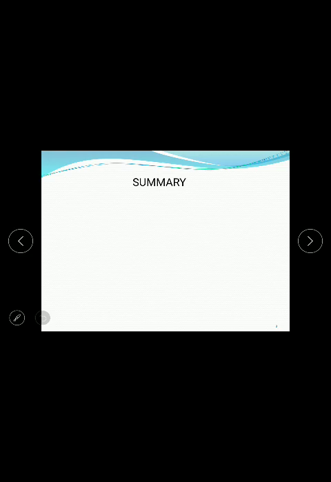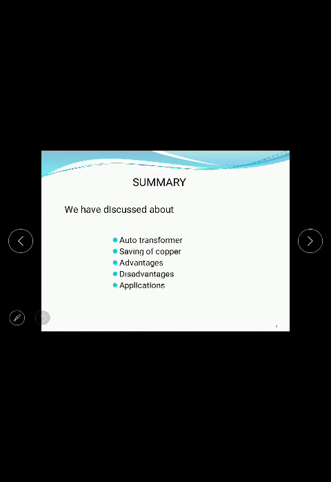So this is about the advantages, disadvantages and applications. Now our summary: we have discussed auto transformer, saving of copper, advantages, disadvantages and applications.